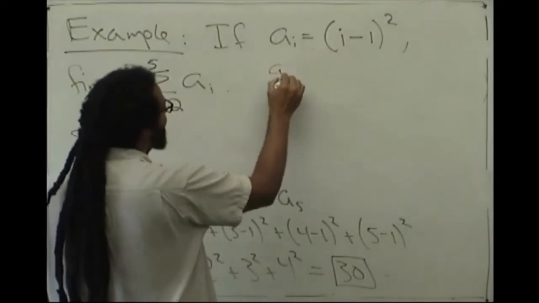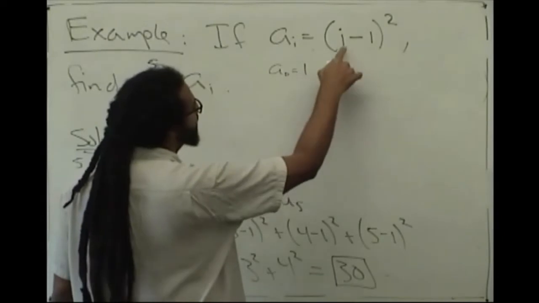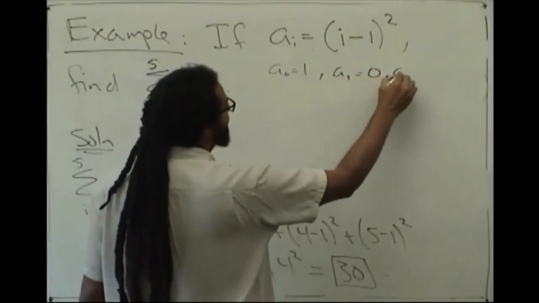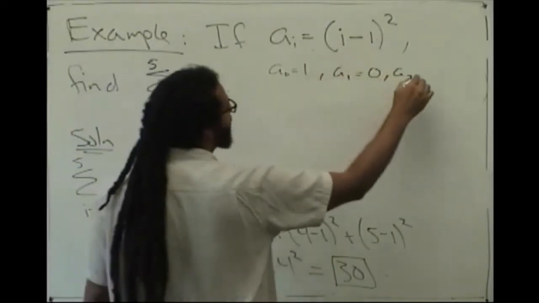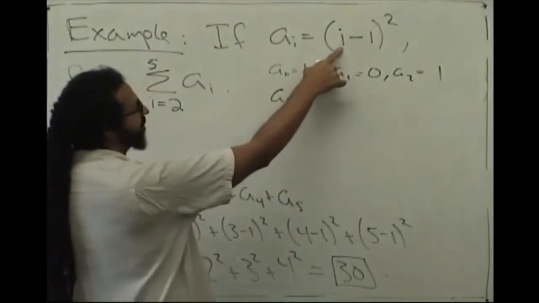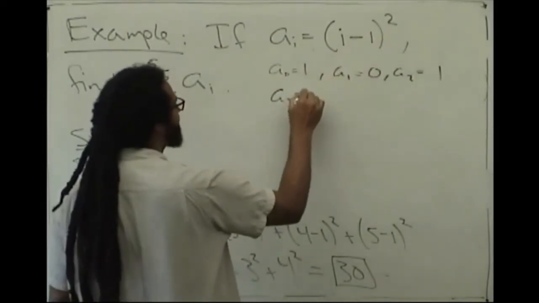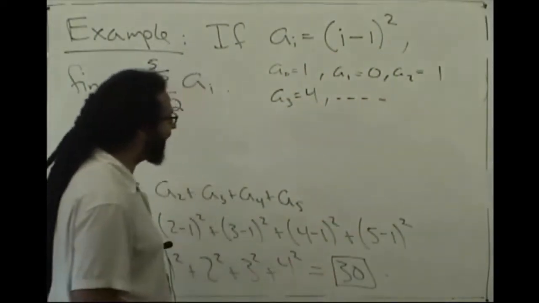So A0 would be 1, A1 would be 0, A2 would be 1 squared, so that's going to be a 1. What's A3 going to be? 3 minus 1, that's 2, and 2 squared is equal to 4.